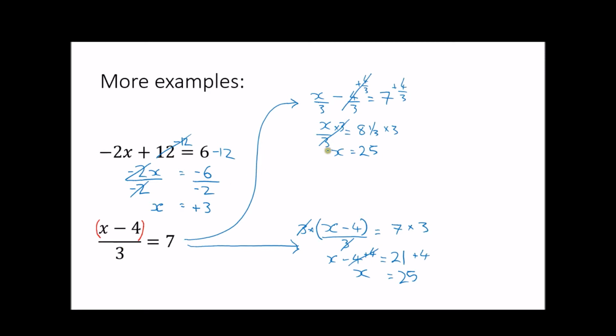So there are two ways of doing it. Either is completely fine, but be conscious that in this situation, where you've got a single number as the denominator for both of them, we can often get rid of that by multiplication, and it just means we avoid dealing with fractions as much.